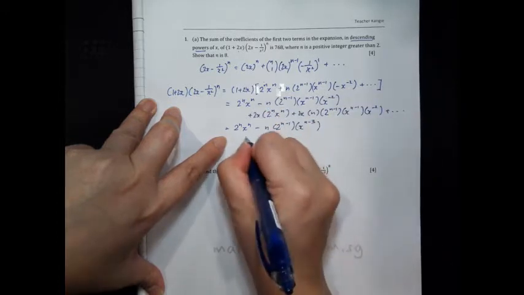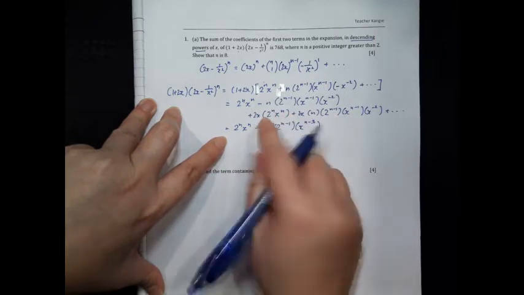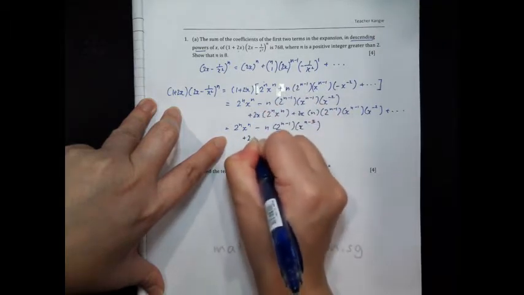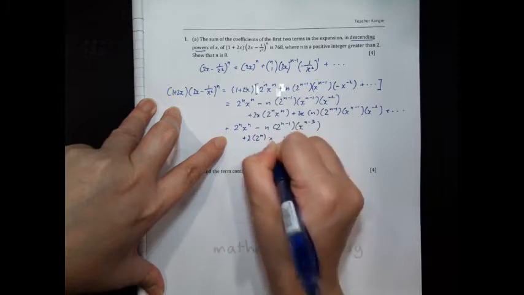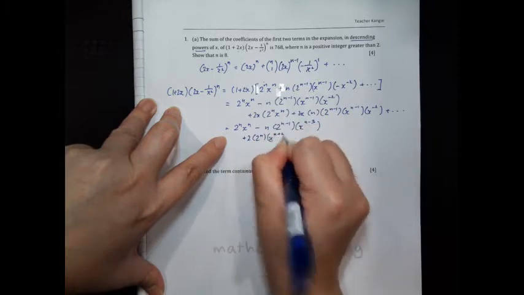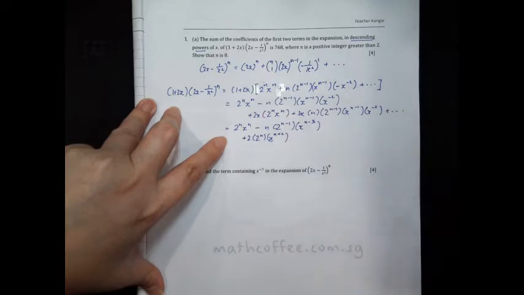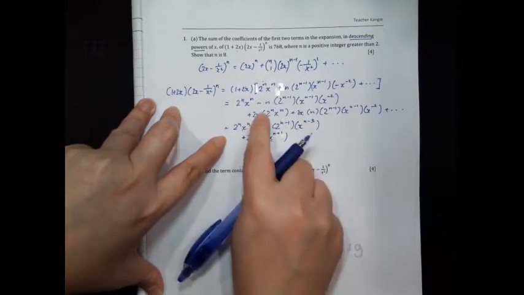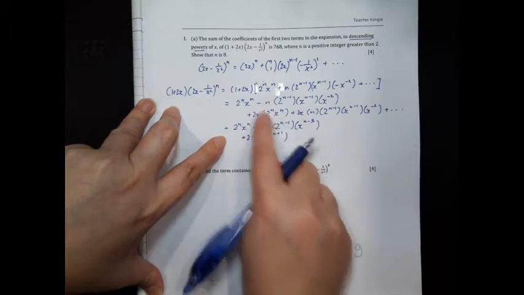Okay, move to the next line. I'm going to combine these two. So it will be plus 2 to the n, and this will be x to the power of n plus 1. Agree? Because, sorry, plus 1, not plus 2. This one is power 1, this one is just n, so it's n plus 1.